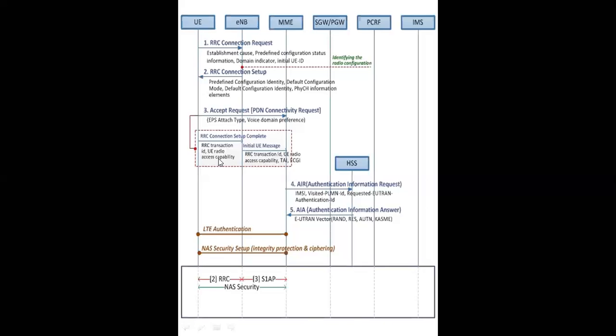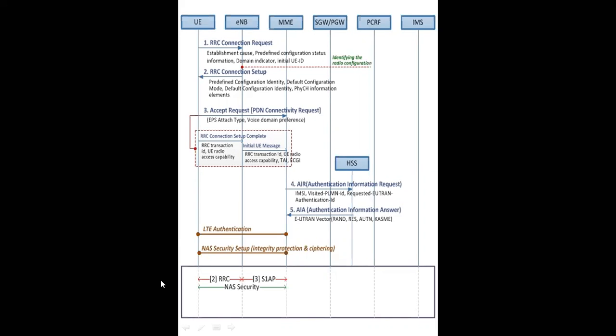Here in message 5, you will send the piggyback messages attach request as well as PDN connectivity request. In the attach request, you will send the EPS attach type and voice domain preference, whether you will support the VoLTE call or not. All this information is present here.